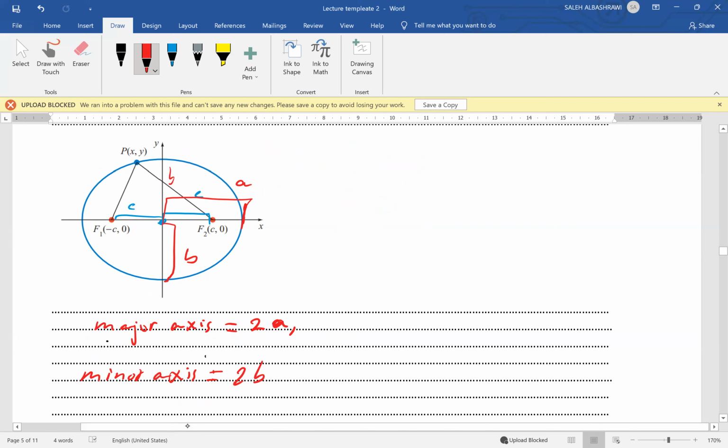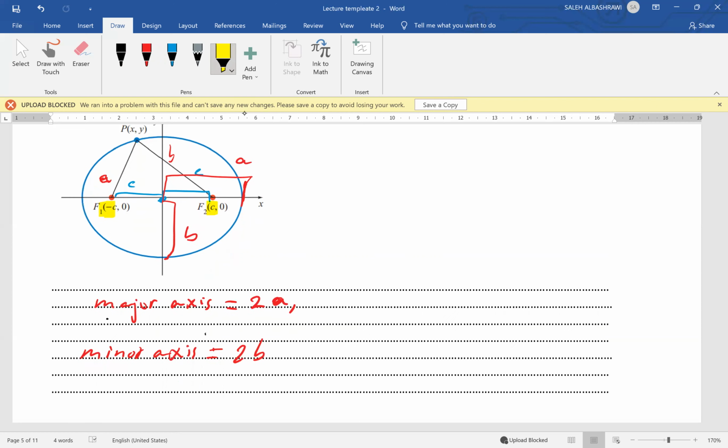So this is B, and this is A. The foci will be (C, 0) and (minus C, 0) if we have a horizontal major axis.